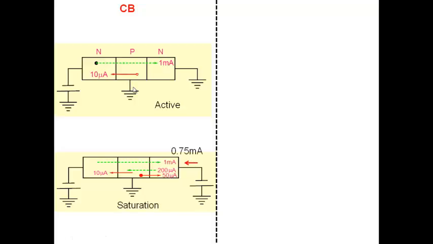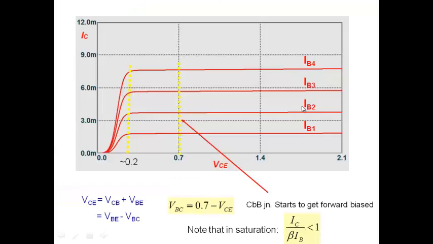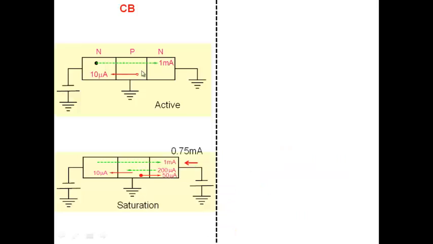Now, what is the difference with common emitter? In common emitter, we said we are not keeping base emitter voltage constant. What are we keeping? Base current constant. That's a very, very important distinction: whether you keep base emitter voltage constant or whether you keep current constant. So here, note that I'm keeping base emitter voltage constant.